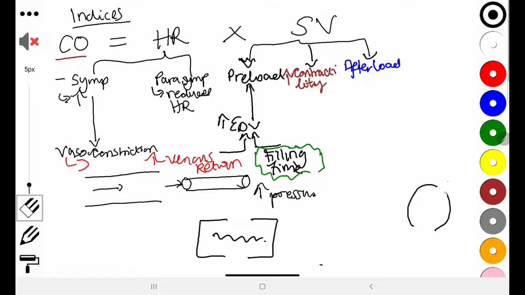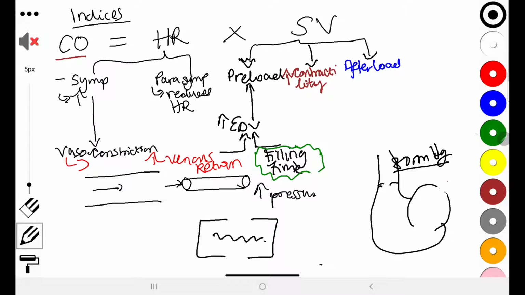So for the aortic valve to open, it has to overcome a pressure of 80 millimeters of mercury. So this is what is known as the afterload.